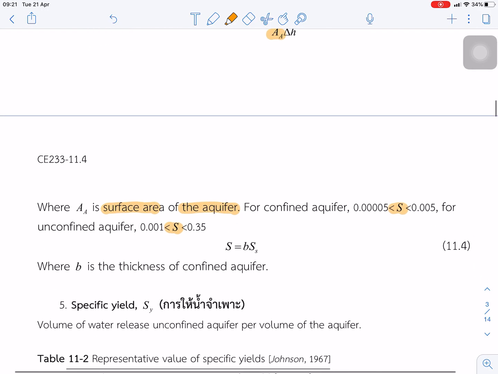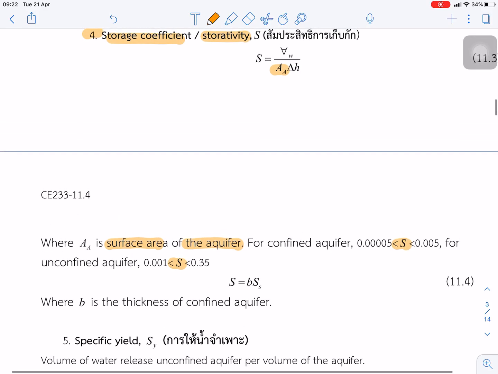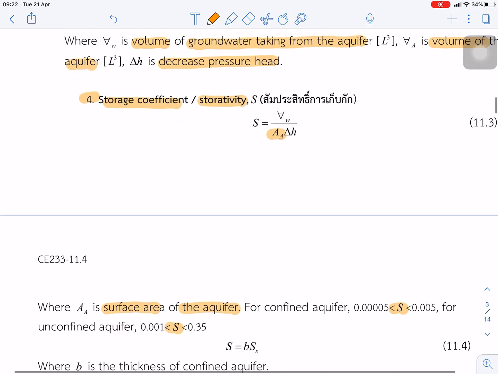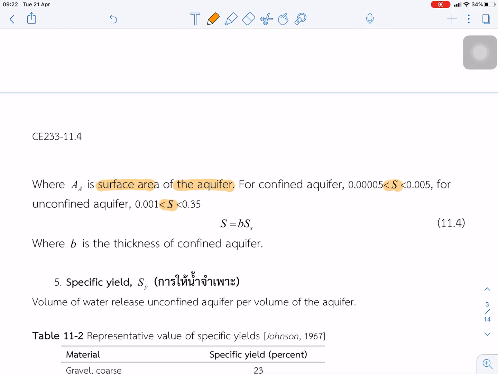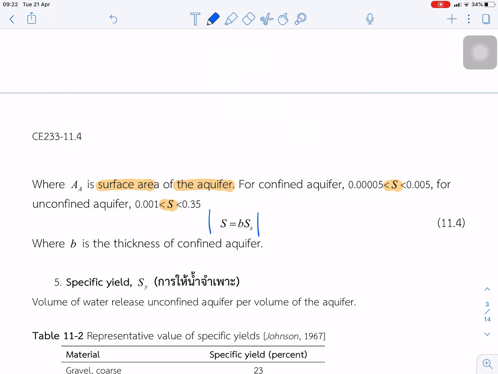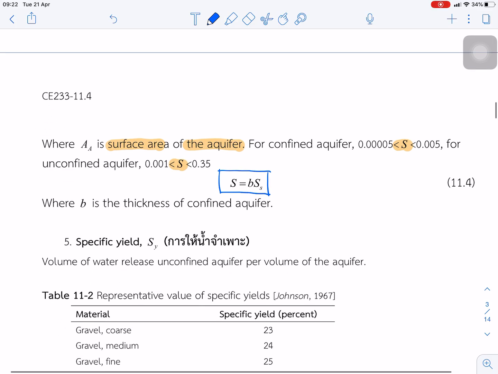And we can write the equation from the connection between the specific storage and storage coefficient based on this equation. B is the thickness of the aquifer.